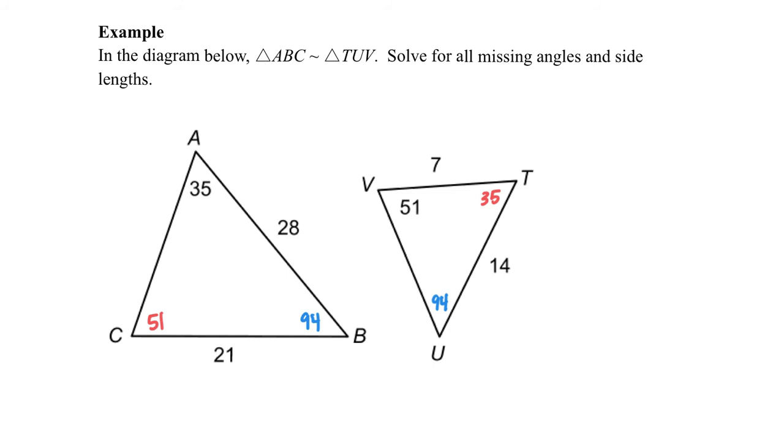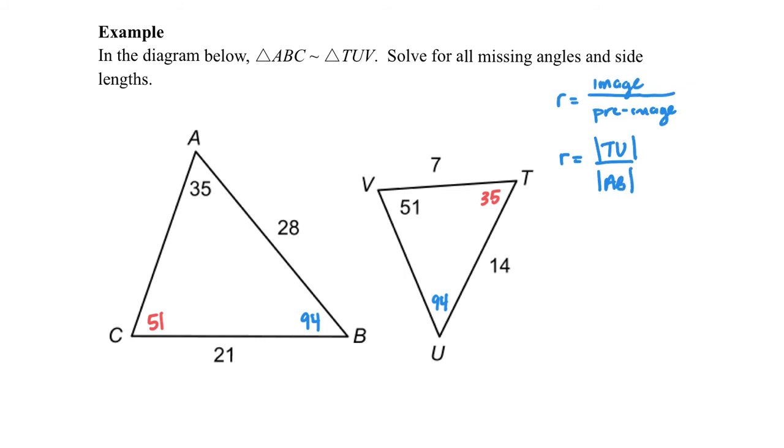So how do I figure this out? Just in case it's not a nice number, we're going to do image divided by pre-image. We have to figure out the scale factor. So in this case, the image is going to be TU, and we want the length of that. And the corresponding pre-image is going to be AB.